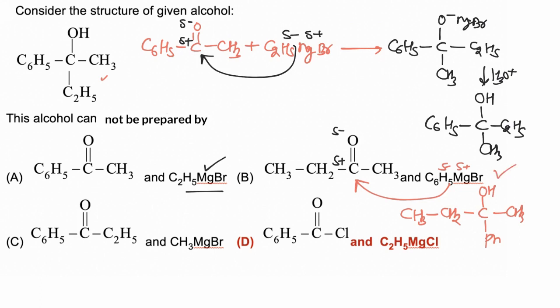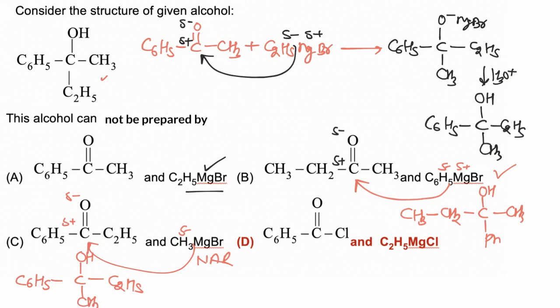Now if we take option 3, in this case CH3 negative acts as a nucleophile and this carbonyl group acts as an electrophile. CH3 will attack and a nucleophilic addition reaction takes place. So the final product formed is C6H5-C(OH)(CH3)(C2H5). So in this case we get the same product.